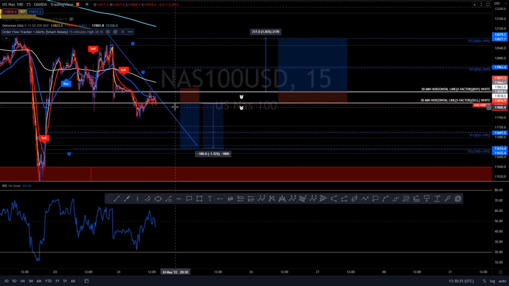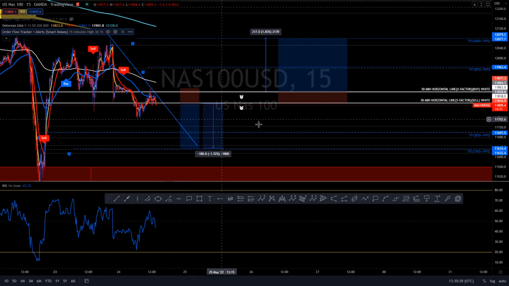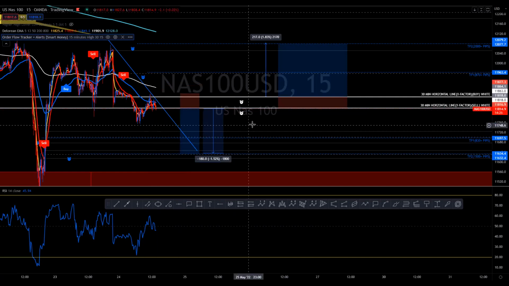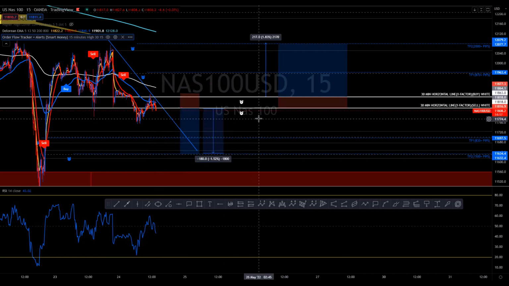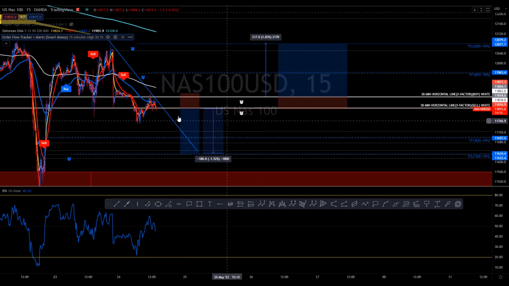Messing with that area. I might wait for the next candle, but we'll see. If it starts to push down and all this other stuff, then I might go in. But we want to wait. Still playing with that area.